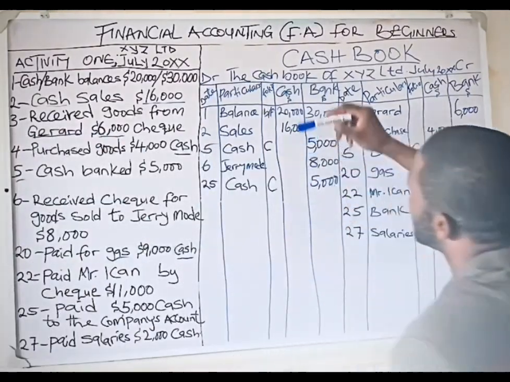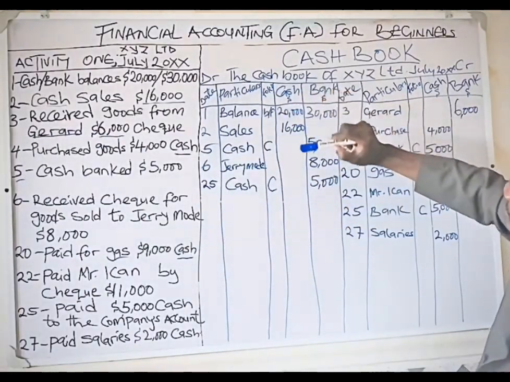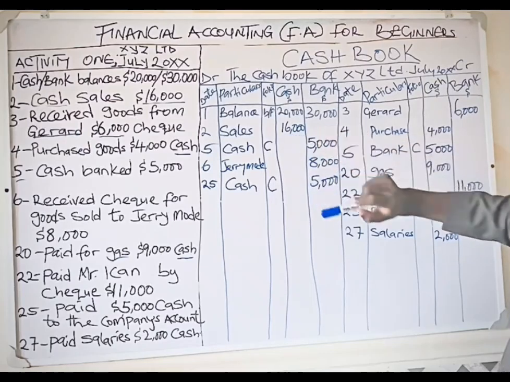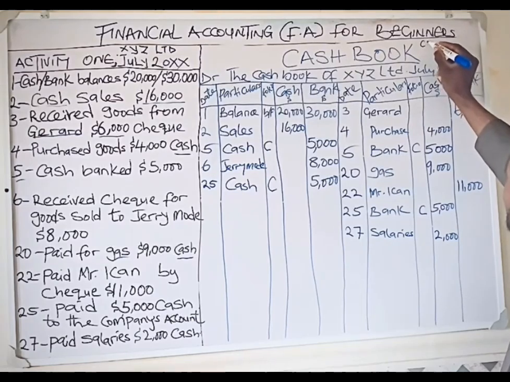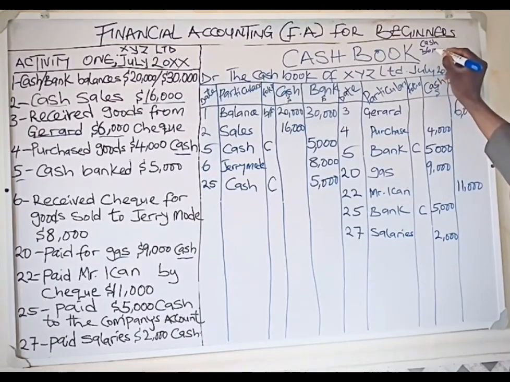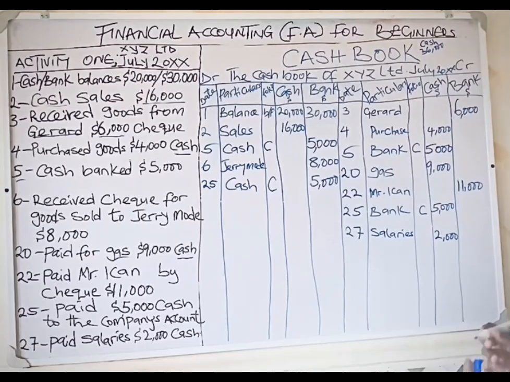Okay, let's do it. At the cash column, 20 plus 16, we have 36,000 for cash. Then we'll go to the credit side at the cash column.